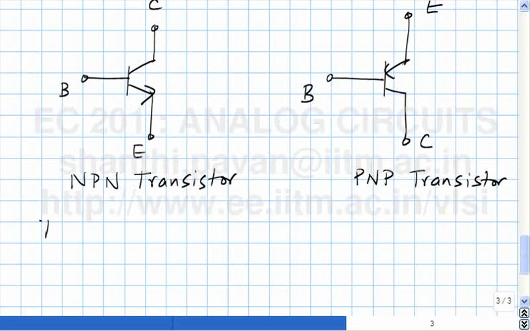So in an NPN transistor, IC must be IS exponential VBE by VT. I am neglecting the -1 there.